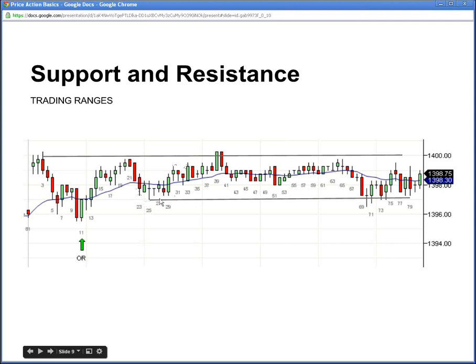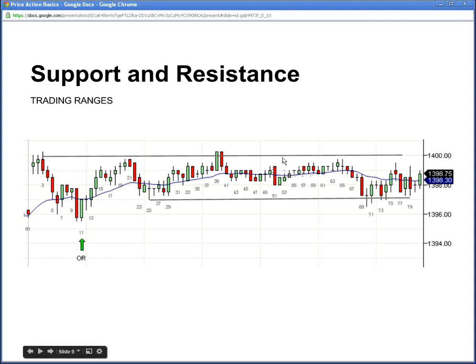You should only be buying here and you should only be selling here. So once you realize that, you will realize the danger of trying to buy anywhere here.